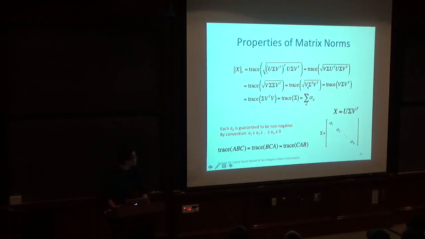Again, V V transpose is the identity matrix, so we can simplify down to the sum of the singular values. And the only difference between these two is whether or not we take the square root inside the trace.